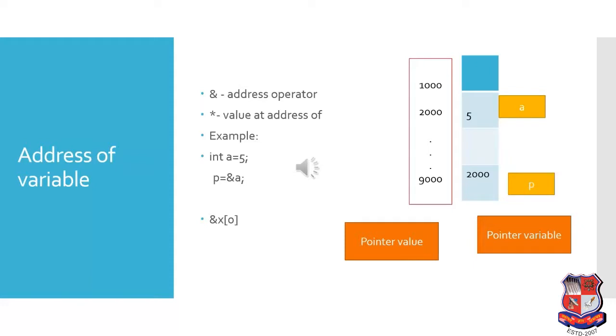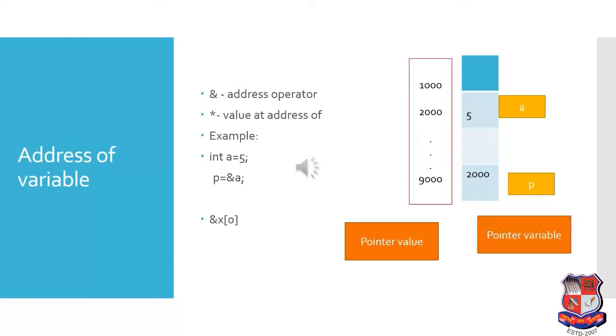For example, if we have written int a = 5, while declaring the integer, memory will be allocated to a, and the value 5 is assigned to that, as we have seen in the previous slide.